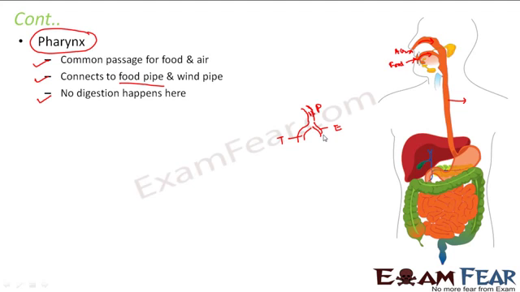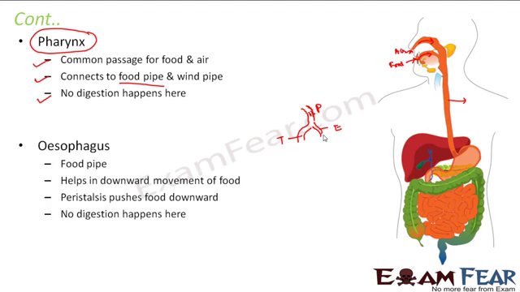In pharynx also no digestion happens. If you look at the mouth, did any digestion happen in the mouth? No, only ingestion. Correct? Similarly, in the buccal cavity, did digestion happen? Yes, some digestion started in the buccal cavity because the complex food was broken down into little simpler substances.